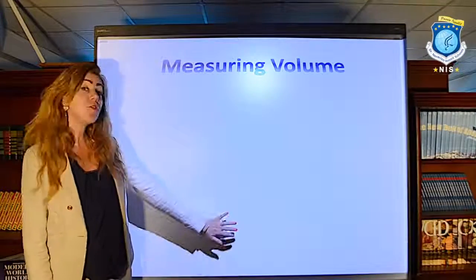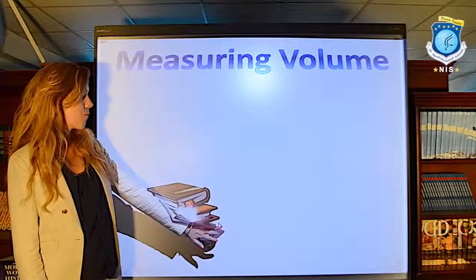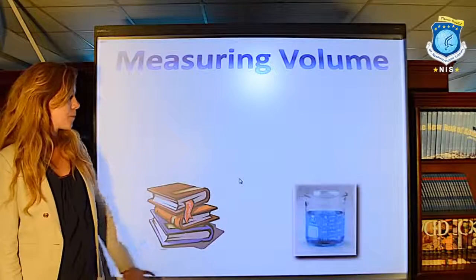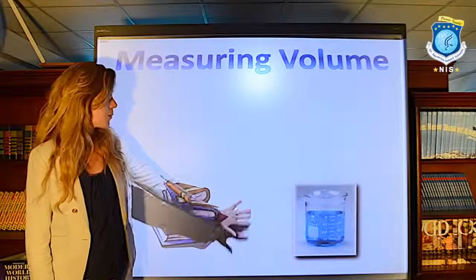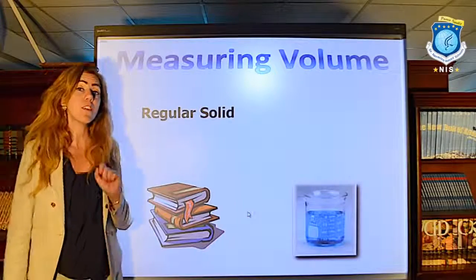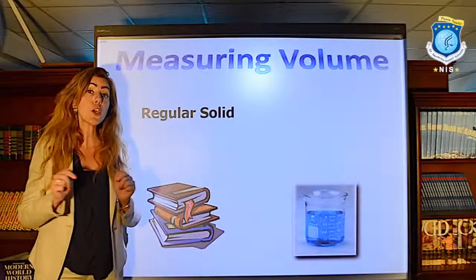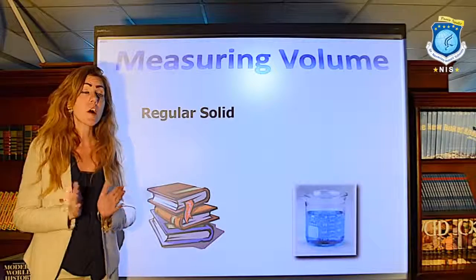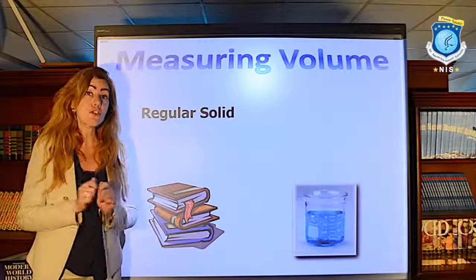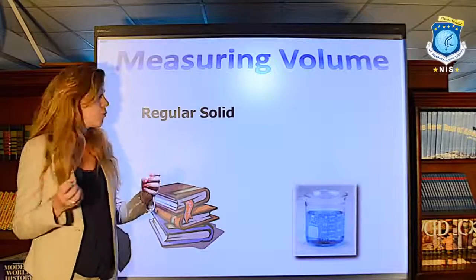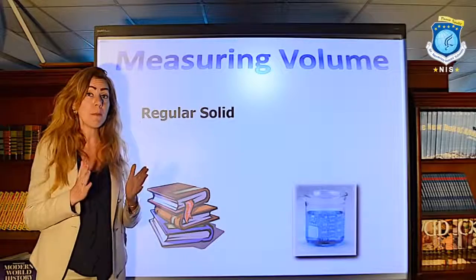Alright, measuring volume. There are two ways in which you can measure volume. You can measure the volume of a regular solid if you have a cube or a book, a solid that has a regular shape, whether it's a rectangle or another object that has a regular shape.